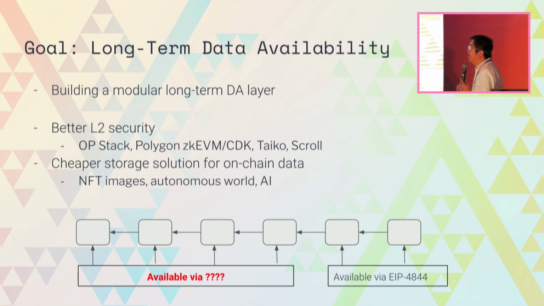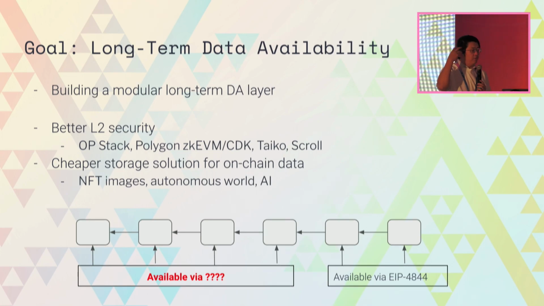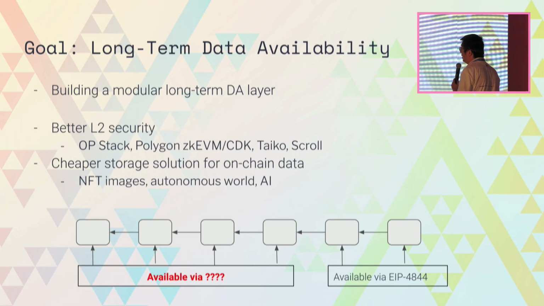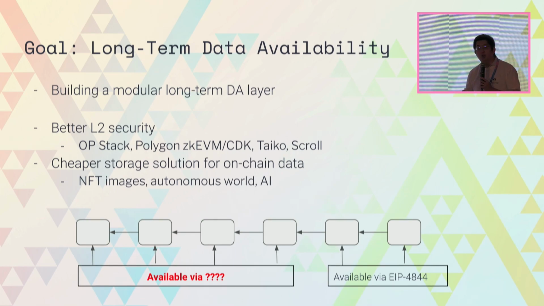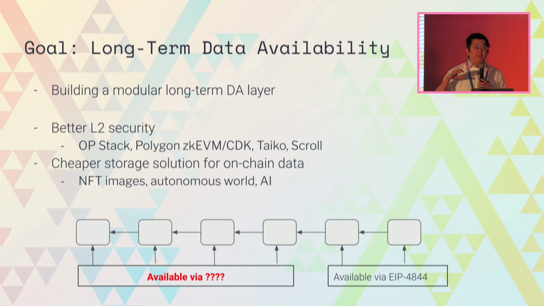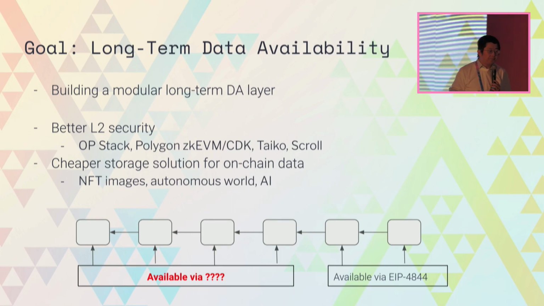When we observed this problem about 2 years ago, one idea that came to my mind was that it is possible to extend data availability so that we can incentivize a large number of storage nodes, running natively on top of Ethereum as a superset, to store that data for a much longer time, potentially forever.